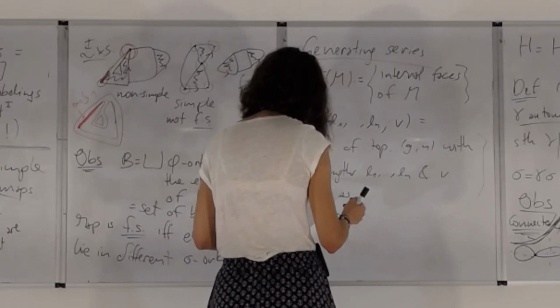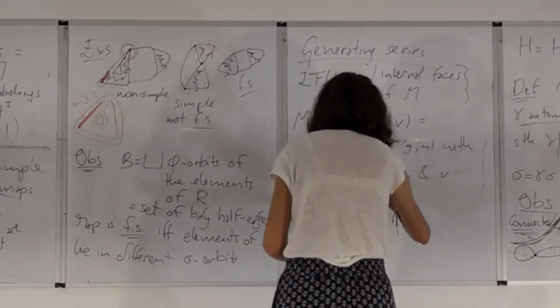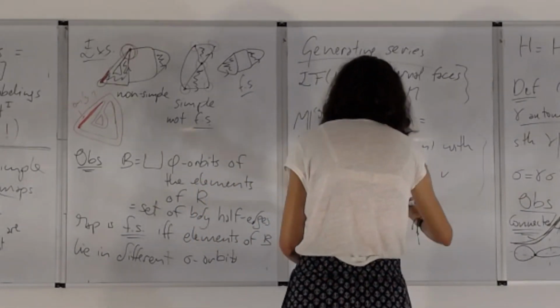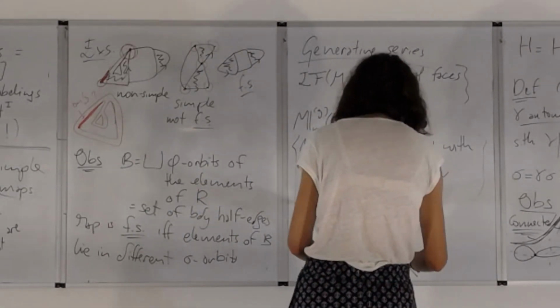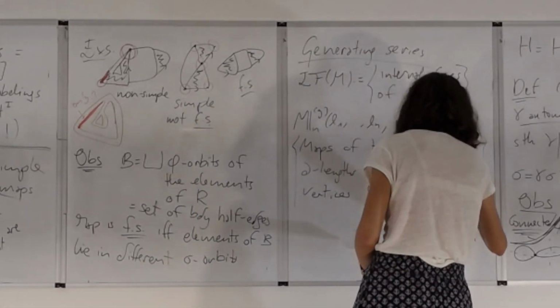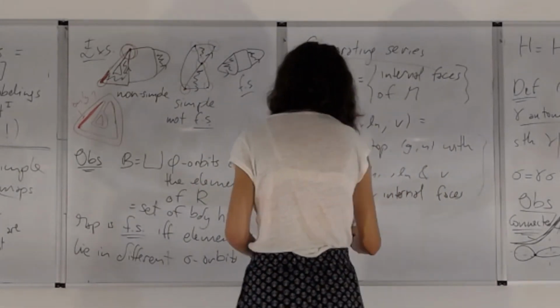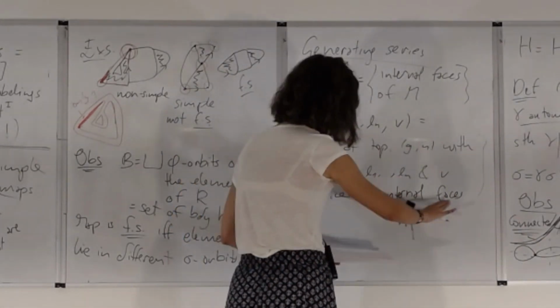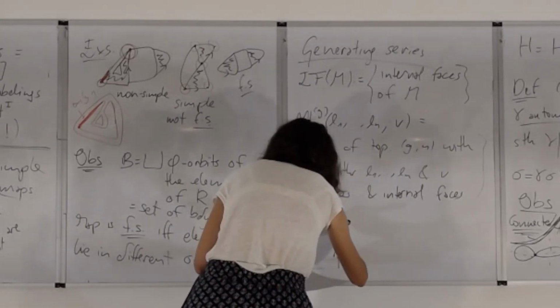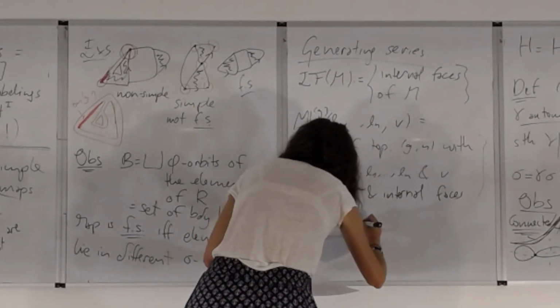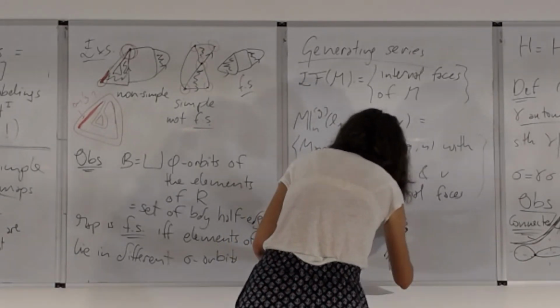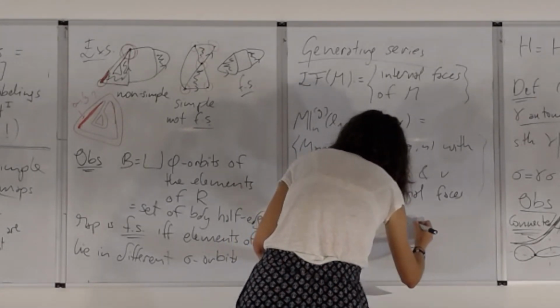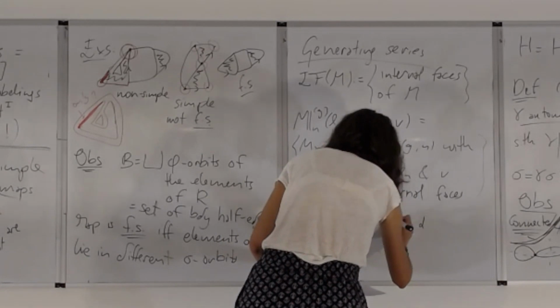This is a bit technical condition that we actually could remove, but I will put it and then try to write down all the formulas correctly, so it will be a bit easier for me. But you can actually remove this condition. So internal faces of degrees between 3 and D.